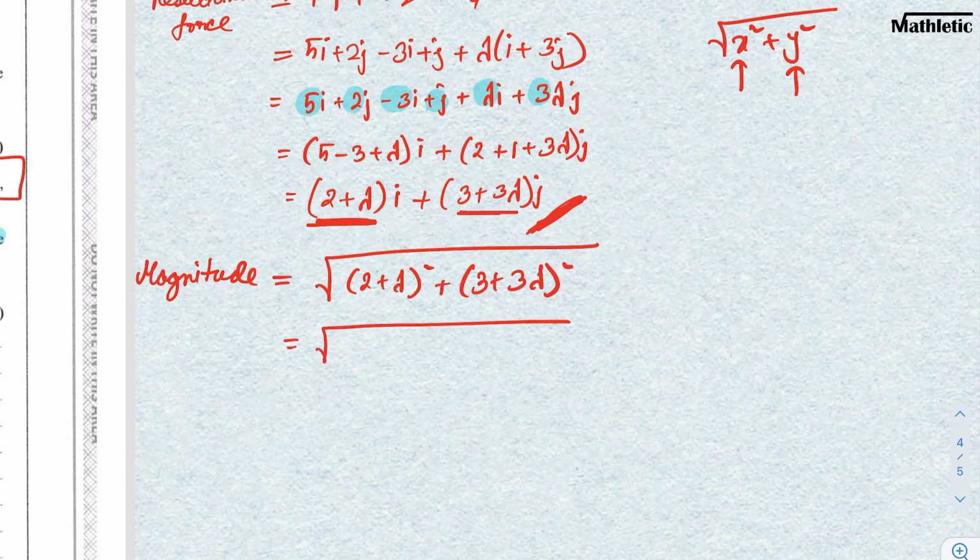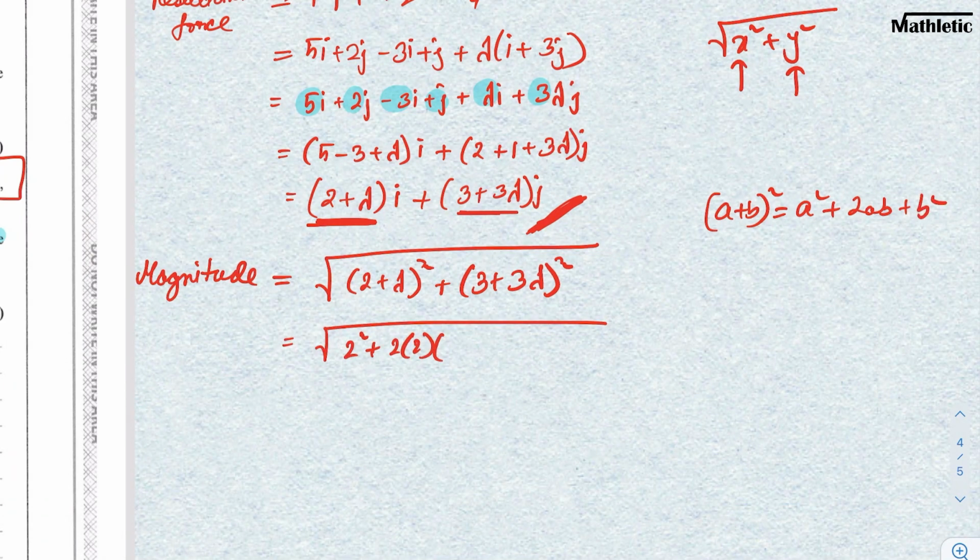So if we expand them using the formula (a plus b) whole square, we get a squared plus 2ab plus b squared for the first part. Next, for the second one, we get a squared plus 2ab plus b squared.